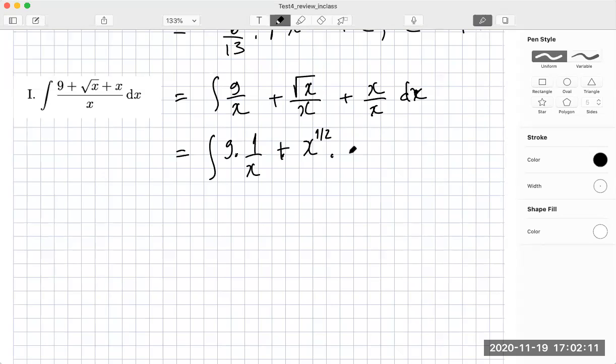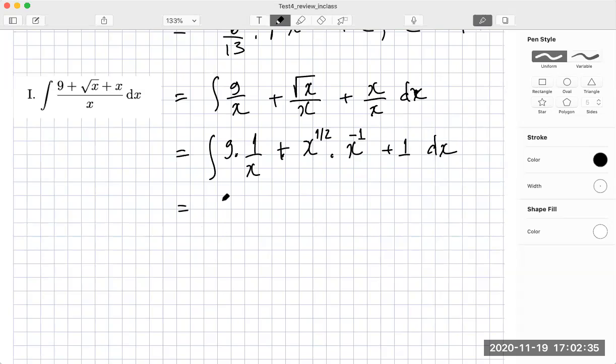We bring it up, it would be x to the negative 1. Do you agree? And here, x divided by x gives us 1.